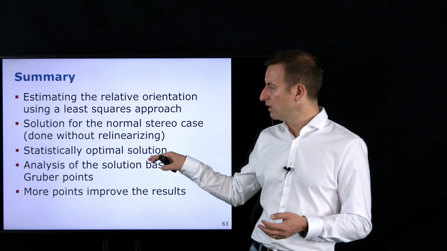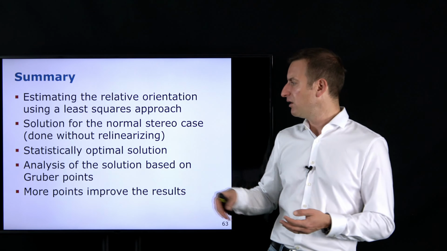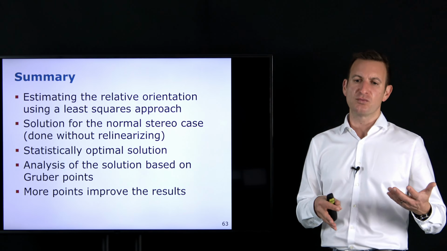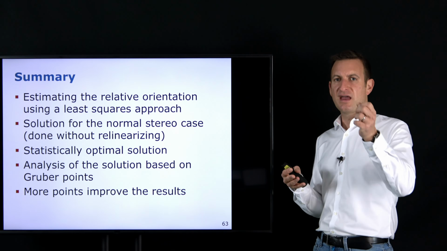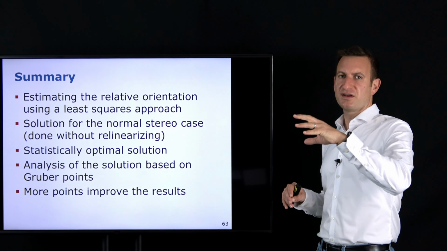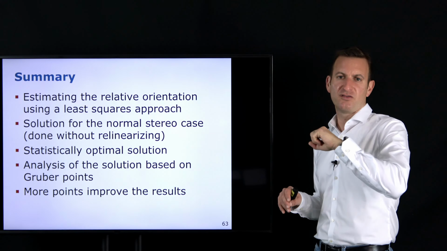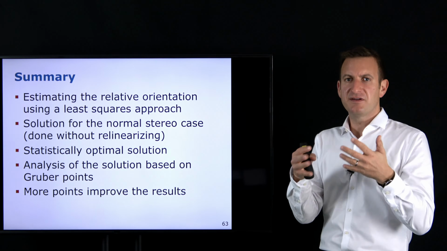And then we looked into the result that I get. So what is the uncertainty of the individual points? And then we looked especially into the Gruber point setup. For the general case, if I have a general distribution of points, I cannot say what the quality of my yaw angle is, for example. I can only say that for a given setup of points.